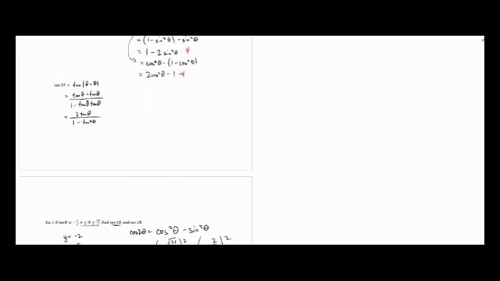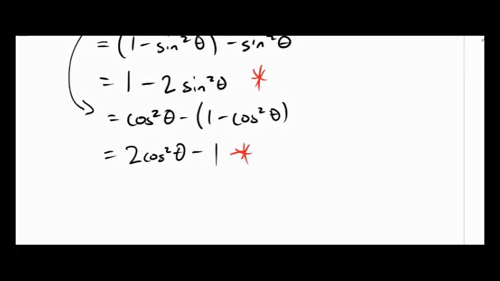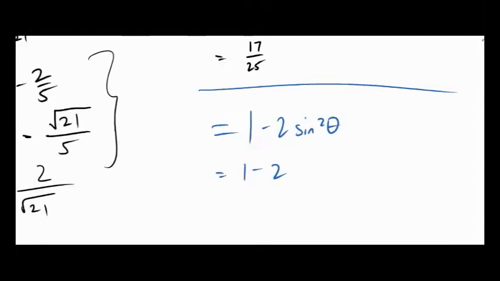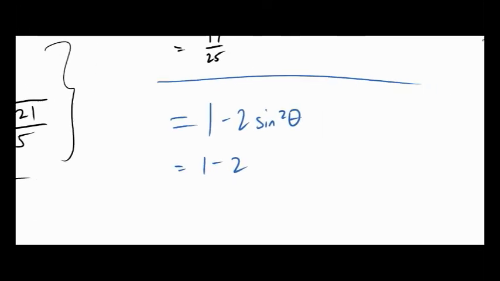You don't have to write this down. What if instead I just chose to use a different formula? So we've got 3. Let's use the 1 minus 2 sine squared theta. Sine theta is negative 2 over 5.